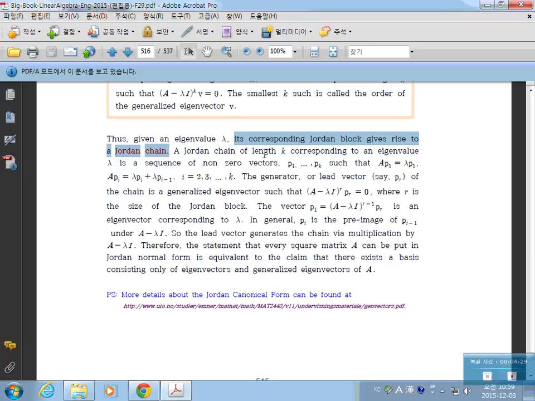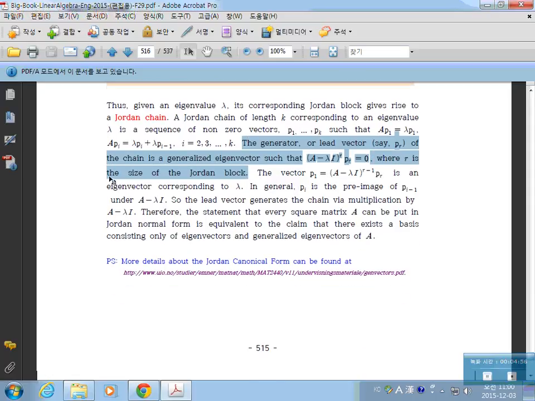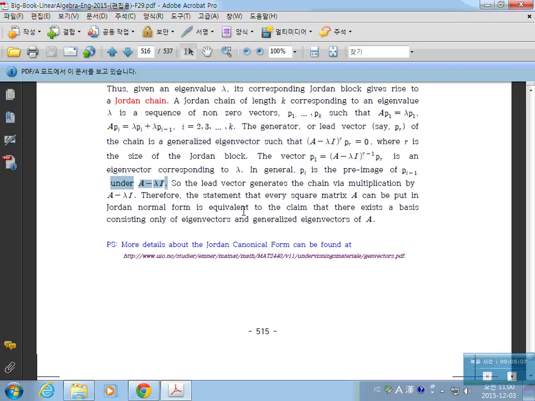This chain of length k corresponding to an eigenvalue lambda is a sequence of non-zero vectors p1 up to pk such that A p1 is equal to lambda p1 and A pi is equal to lambda pi plus p(i minus 1). The generator or lead vector pk of the chain is a generalized eigenvector such that this holds, where k is the size of the Jordan block. The vector p1 is an eigenvector corresponding to lambda, and pi is the pre-image of p(i minus 1) under A minus lambda I.